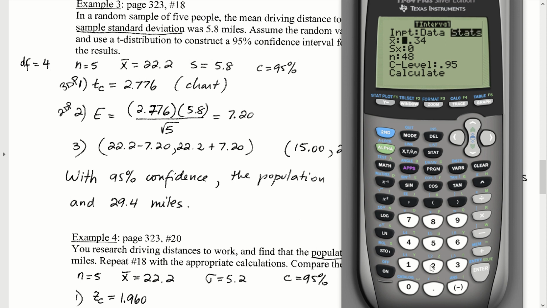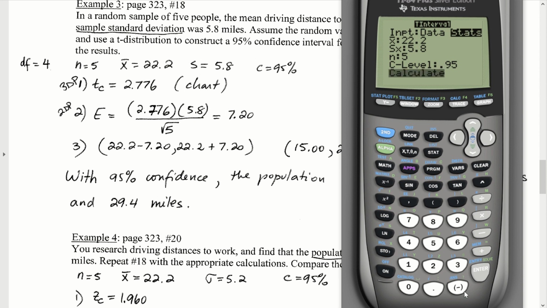I then can enter my sample mean. That was 22.2. The sample standard deviation was 5.8. Our sample size was 5. And we were asked to construct the 95% confidence interval, so our C level should be 0.95.